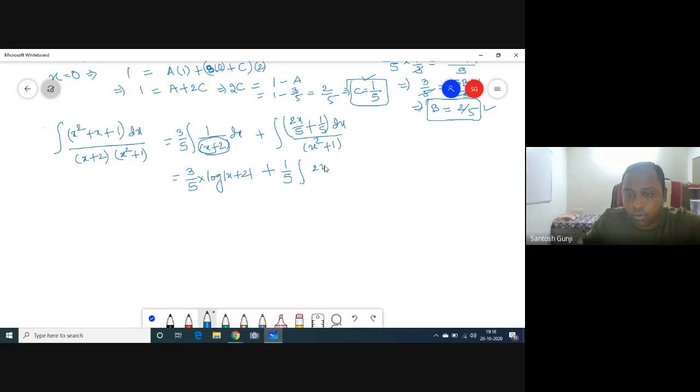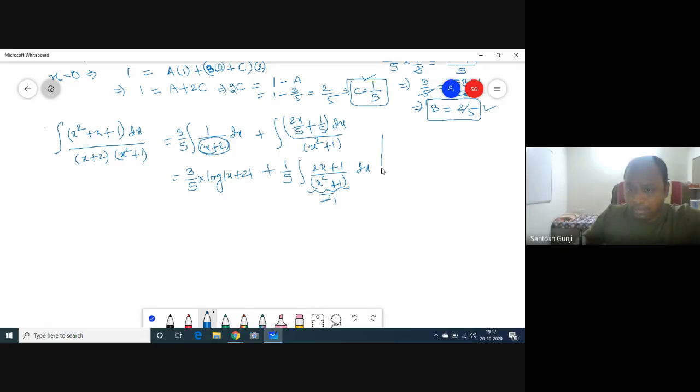So it would be 2x plus 1 upon x square plus 1 dx. Now we can see it is just following. I can consider this as I1, the part of this.